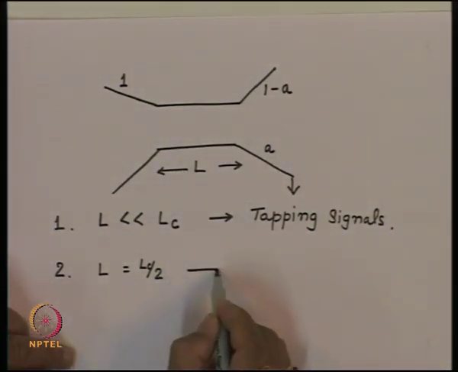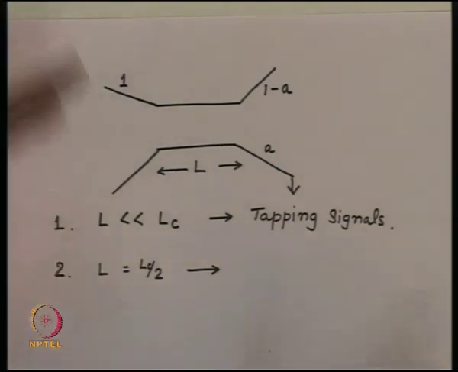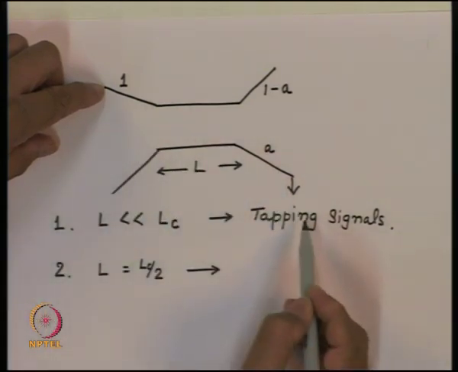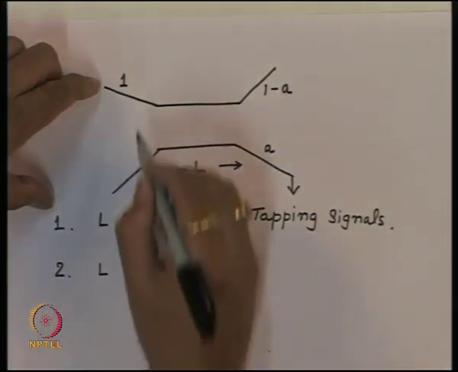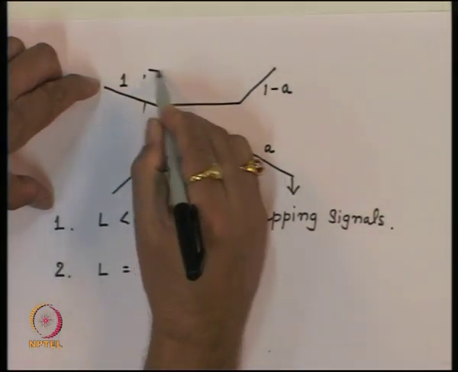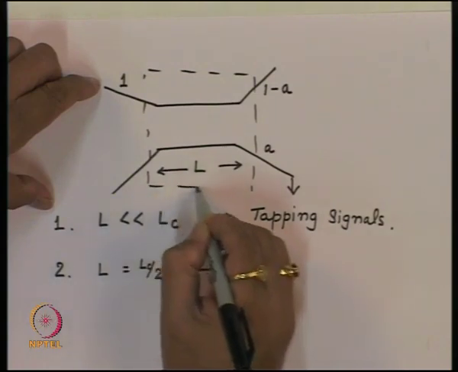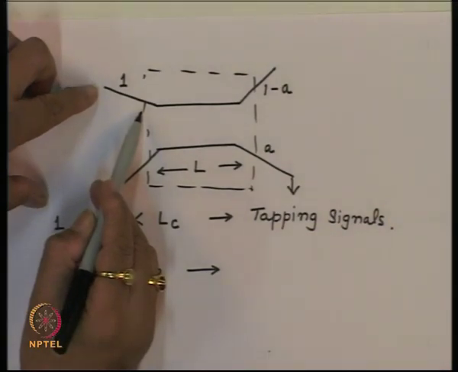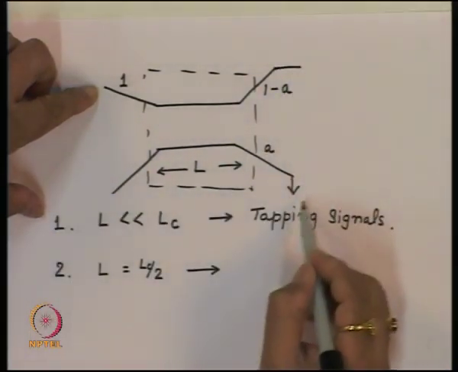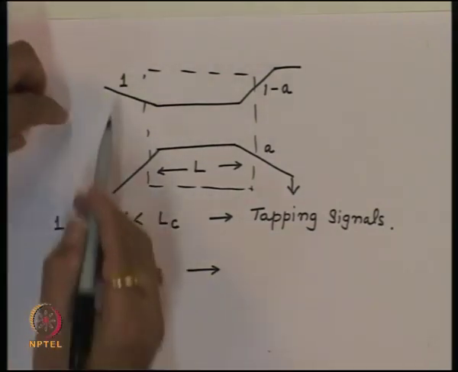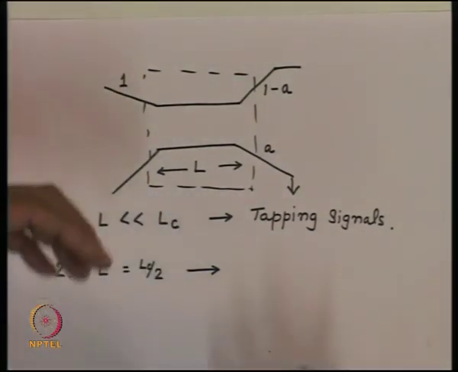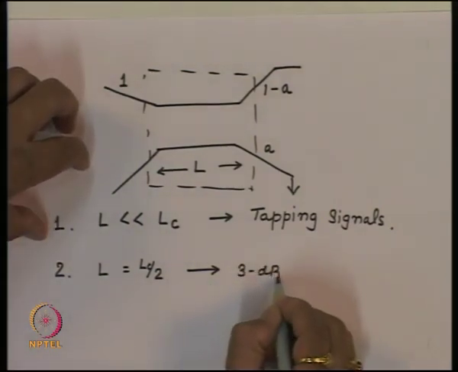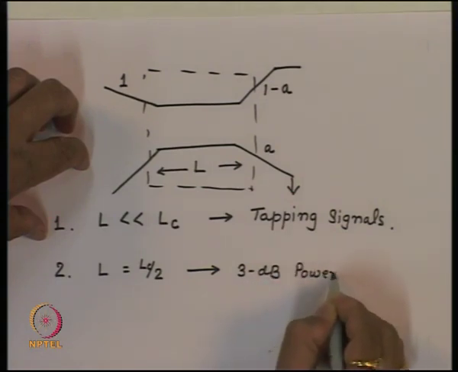In this case, we got a device called the power divider, because whatever power is coming here, half the power is coupled to this port and half the power is coupled to this port. We can treat it like a closed box which has 4 ports, and I connect the power to this. At these output ports, I get power which is half, which is 3 dB down compared to this. So essentially we got a 3 dB power divider.